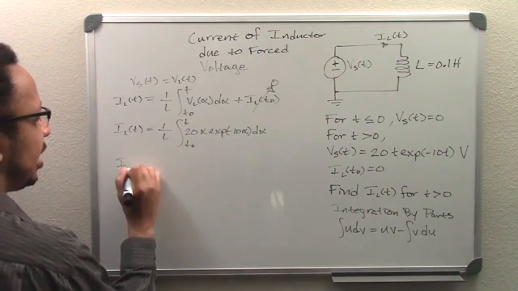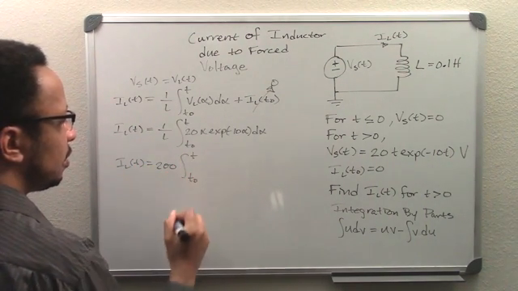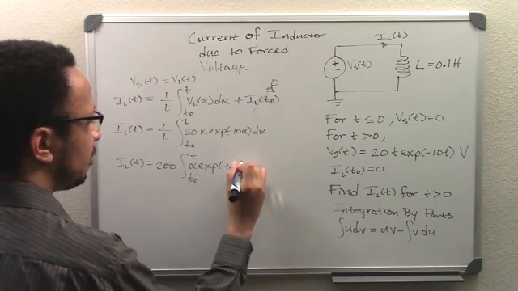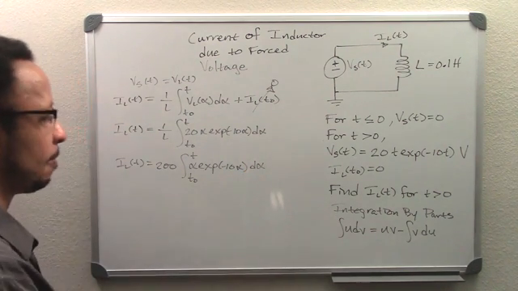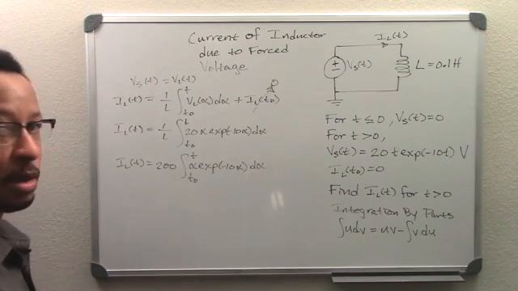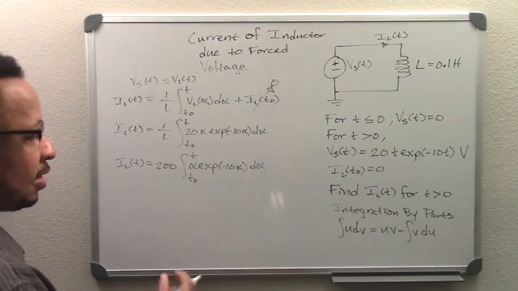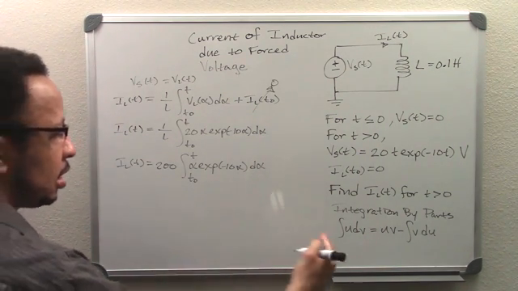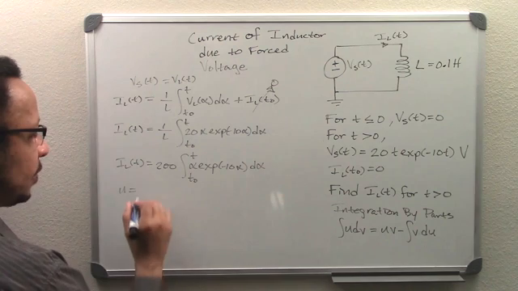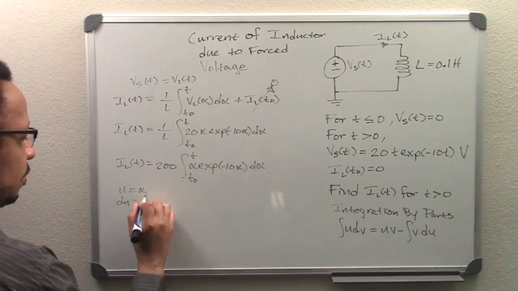So now our expression is IL of t equals 200 times the integral from t sub 0 to t of alpha exponential negative 10 alpha d alpha. With this type of integrand, we need to apply integration by parts. Looking at the left-hand side, we make u equal alpha, then automatically du equals d alpha.